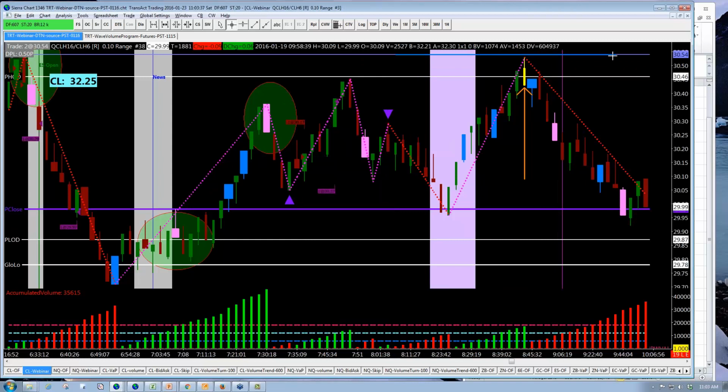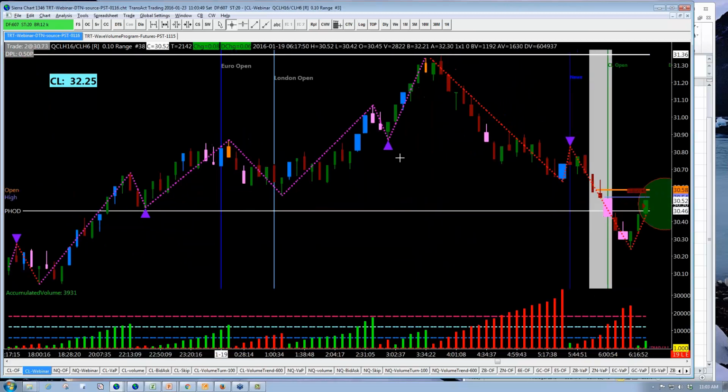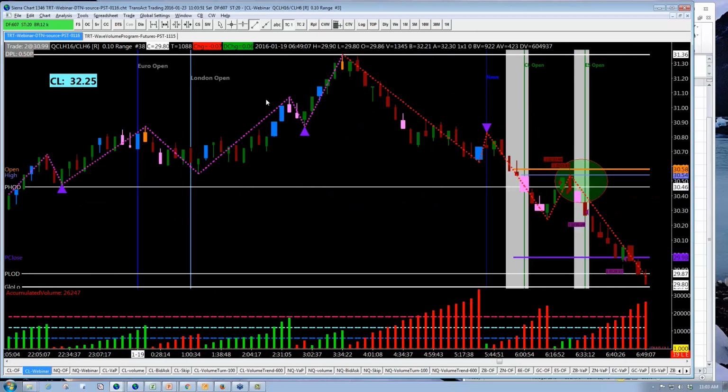And so if I have good volume, I should be pushing through that high, but I failed to do so. So that's failure to push. The opposite is when I actually push through the high. Right here, I pushed through the high. The high at the time was a little bit higher, it was right there, but I don't do it on very good volume. That's the opposite. That's divergence. So I push through on low volume, or I fail to push on big volume. Both of those are turn signals. Okay. All right.